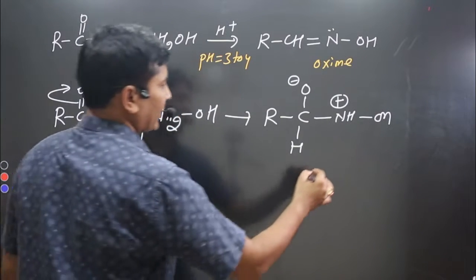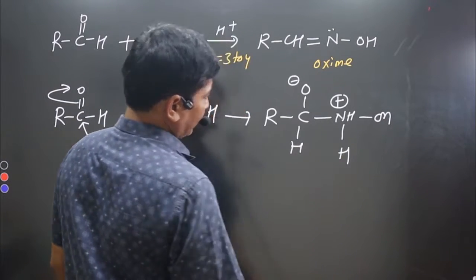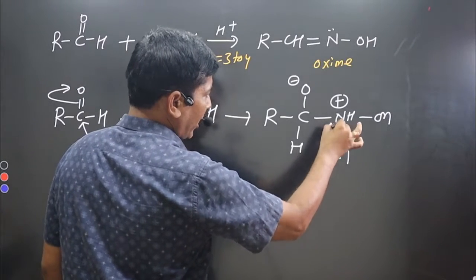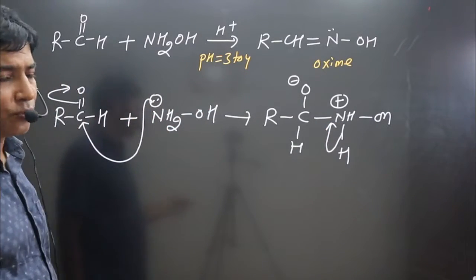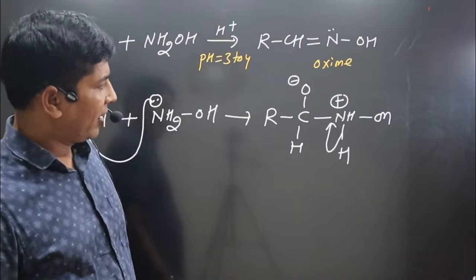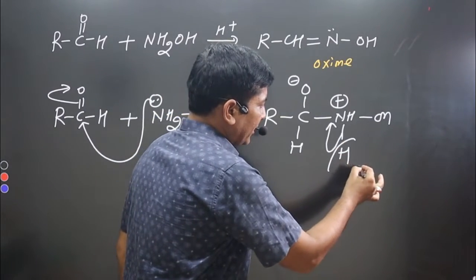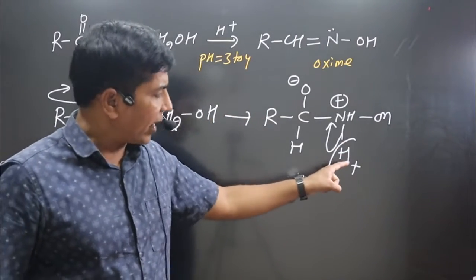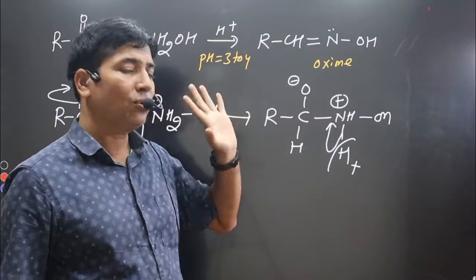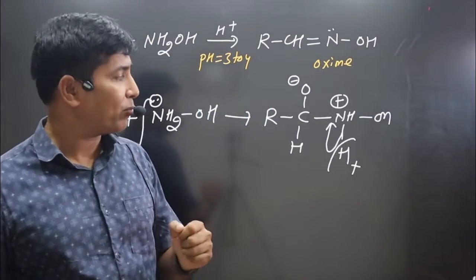One hydrogen is attached, it pulls electron density from hydrogen because nitrogen is more electronegative than hydrogen. From here, hydrogen will be liberated as H plus, and this H plus will be attracted by O minus.